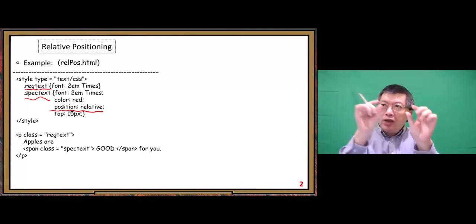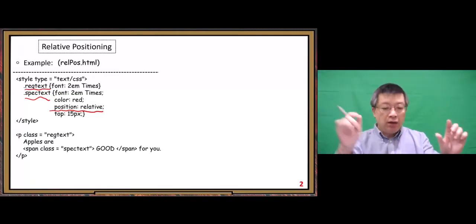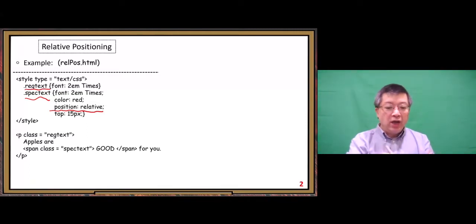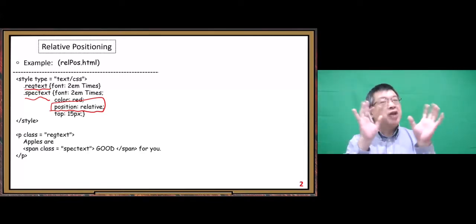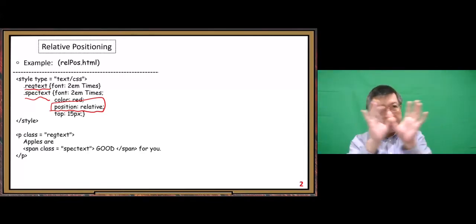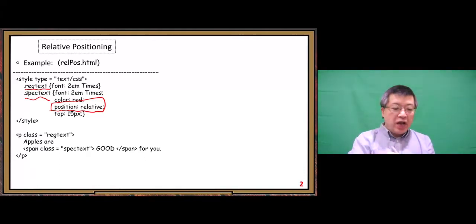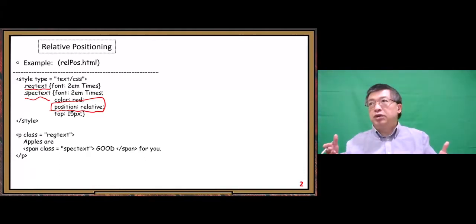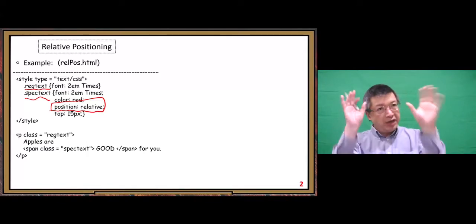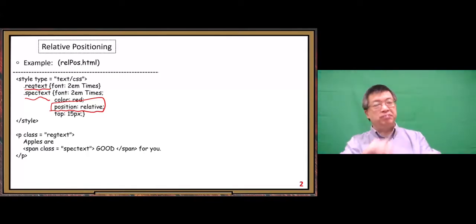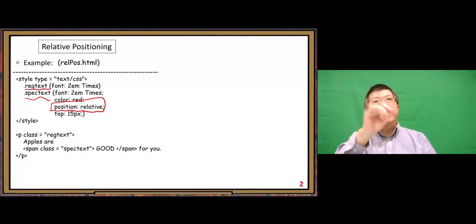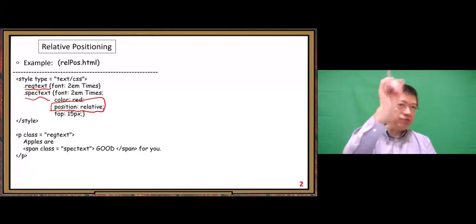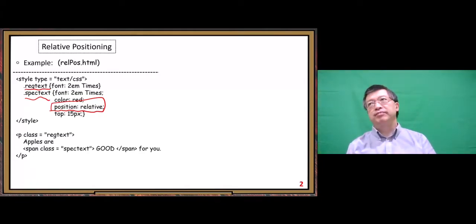Relative to its natural position. If we remove the relative position style property, this element has its natural location, right? The browser will place it in some natural location. Now with relative positioning, we make an adjustment with respect to that natural position. That simple.